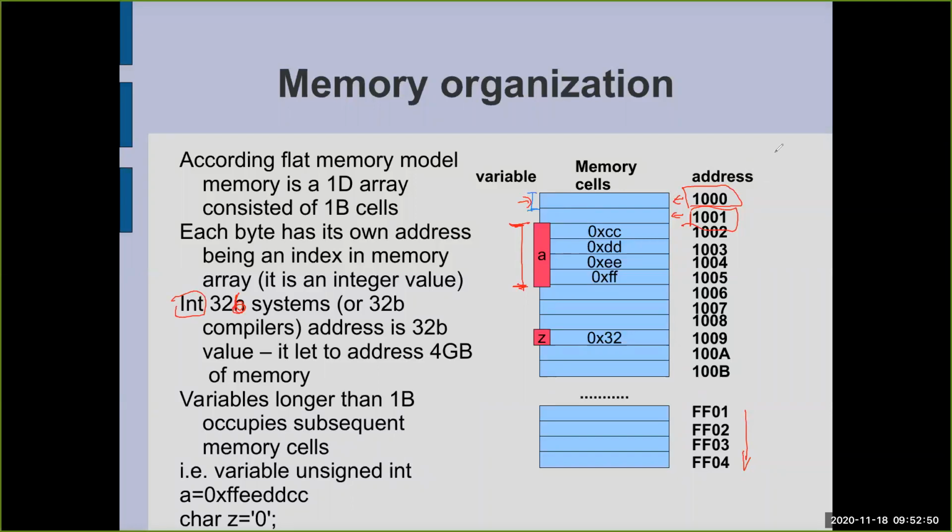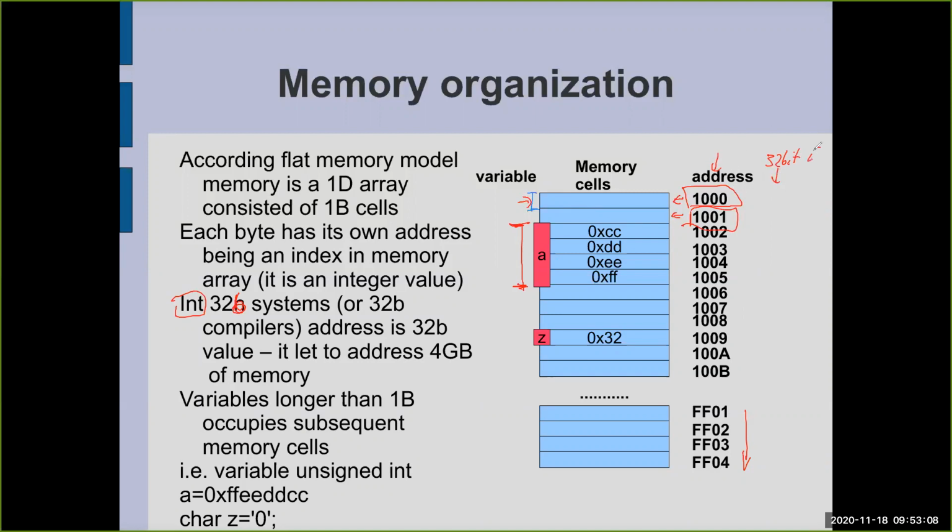What else? Oh, okay, I haven't mentioned that an address is an integer value, so it's a value from 0 up to the maximum. For 32-bit architecture, the address has 32 bits.